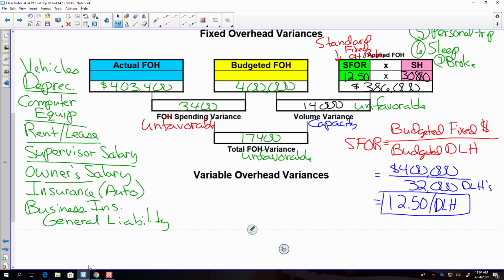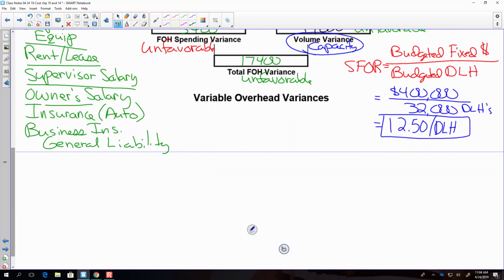Now, we must make certain that we understand this term capacity or volume. So I'm going to make a new note here. What does capacity mean? If I'm making something, what does capacity mean?